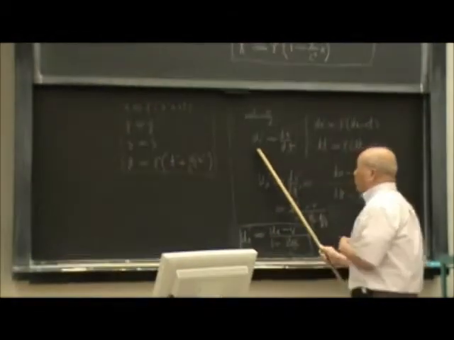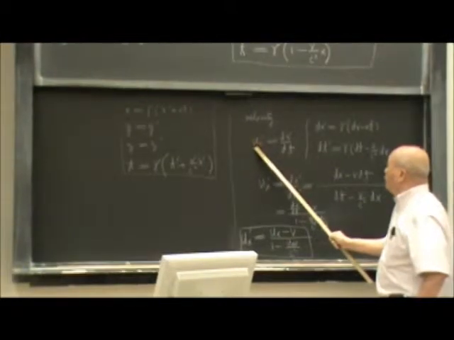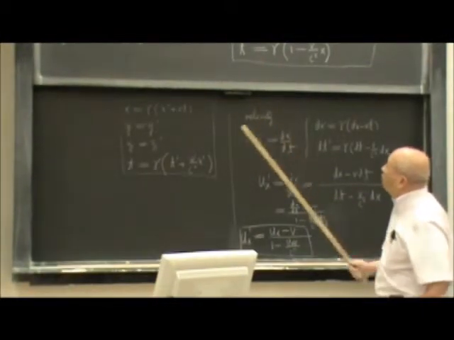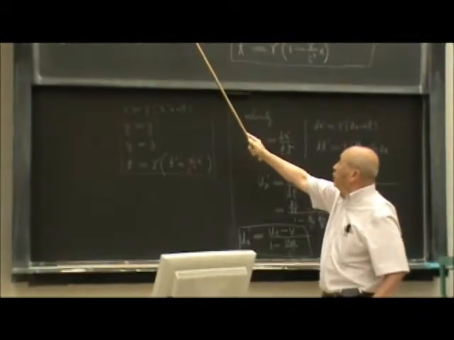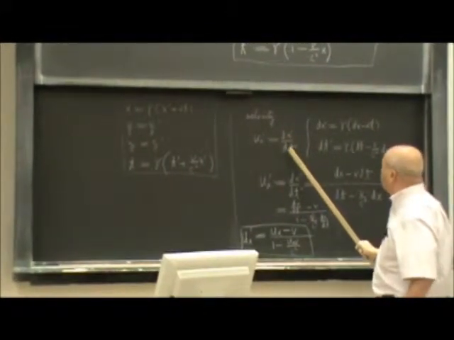So we do u_x prime. What is the velocity in this frame? That equals dx prime over dt prime.